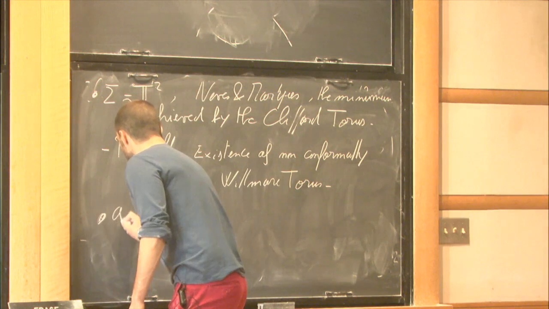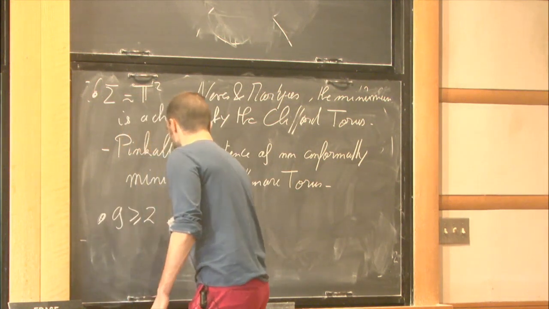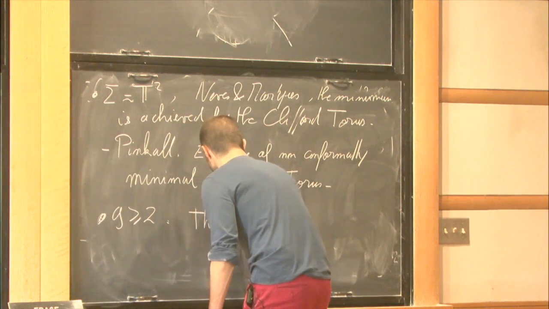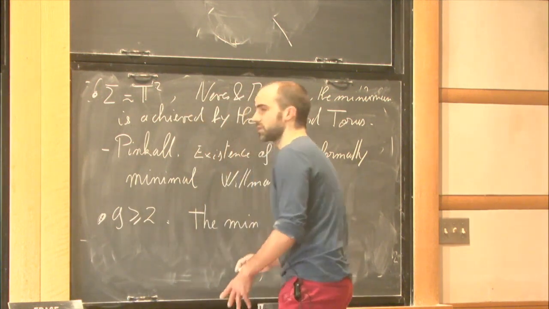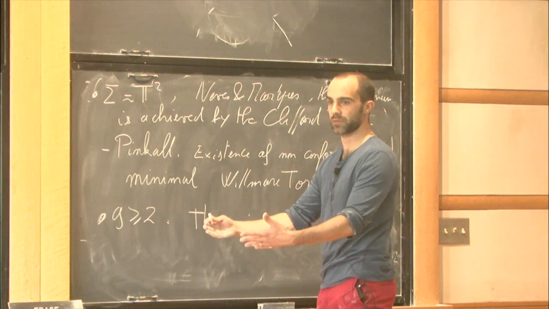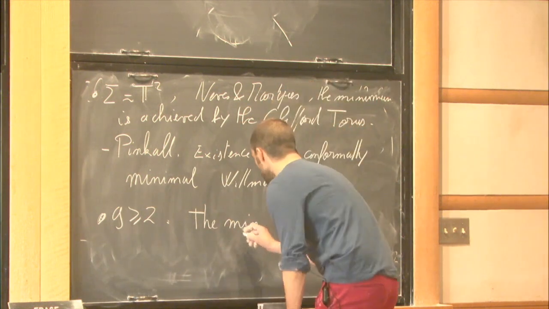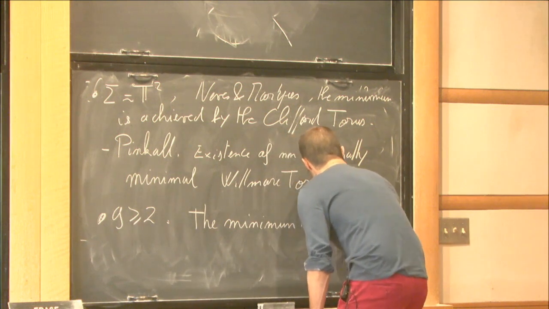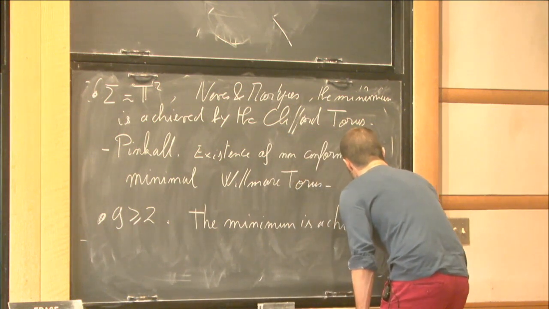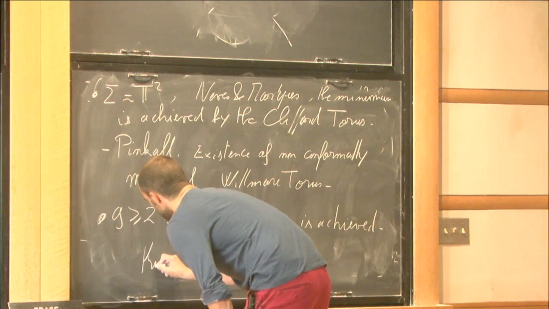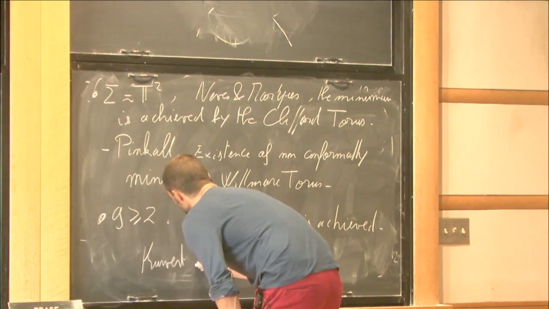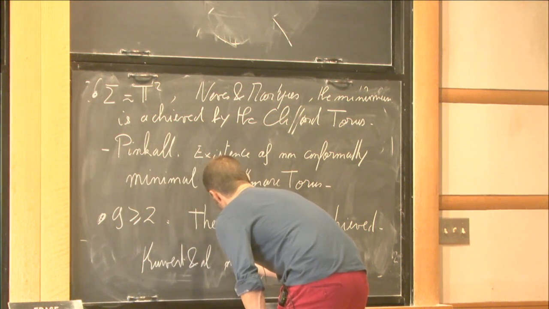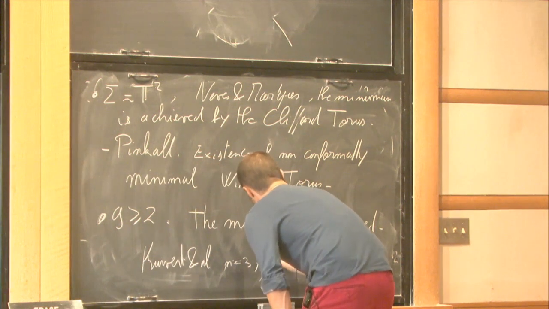When the genus is bigger, what we know more or less is that the minimum is achieved. Of course, there is existence by the Lawson minimal surfaces, but the fact that the minimum is achieved is due to Kuwert in dimension 3 and Rivière in dimension bigger.